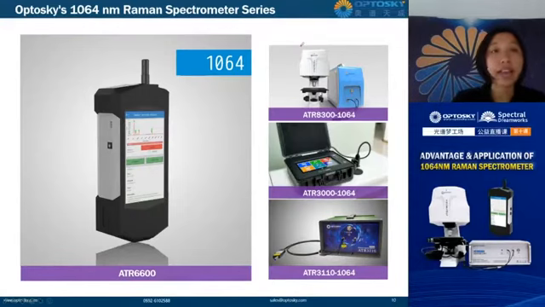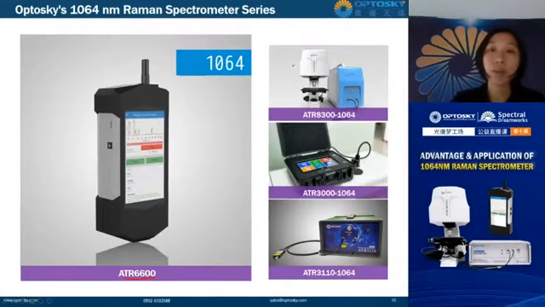Altogether we have 7 models of the Raman spectrometer series. First is the ATR6600. This is the most popular handheld Raman spectrometer, and its performance is competitive with the portable one.